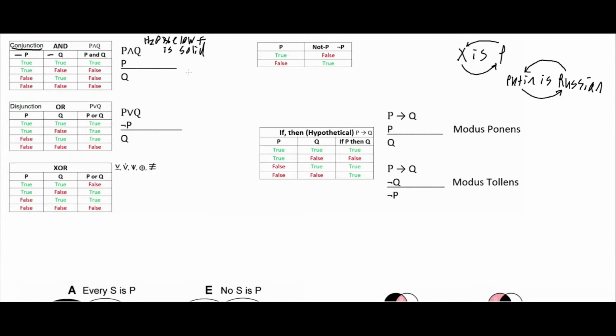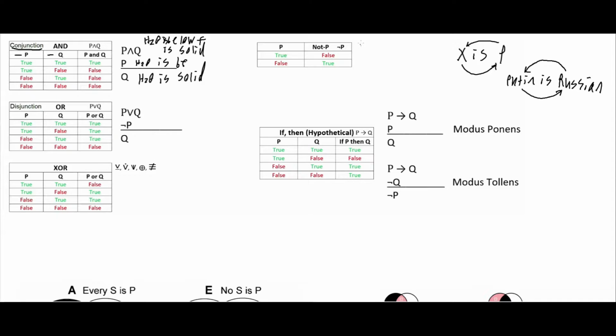These are two propositions, and if we do the and of them, then H2O is below freezing, BF for below freezing, and H2O is solid. So if we know that P and Q, H2O is below freezing and H2O is solid, then when somebody says this H2O is below freezing, we know that this H2O is solid. That's how that connection works.